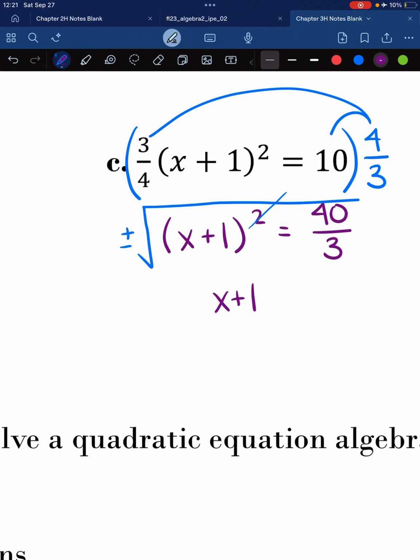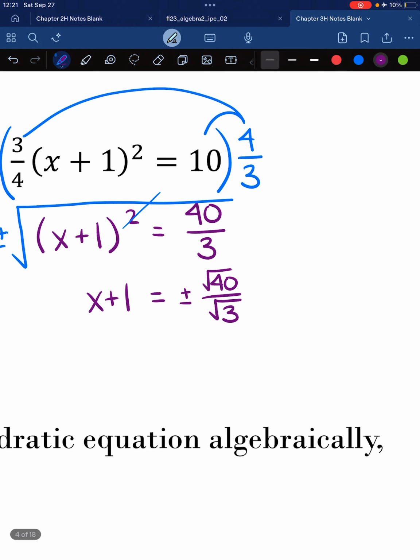So I'm just left with the x plus 1 on this left-hand side, and plus or minus the square root of 40 over the square root of 3, which I'm going to go ahead and take a second right now to rationalize that denominator. Remember, that's math etiquette and something we just need to do.